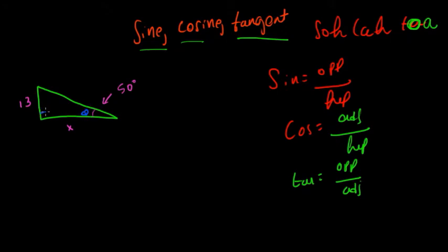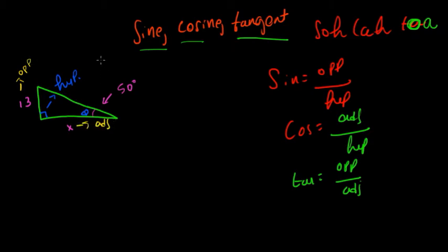Well, if this is a right triangle, I know this is my right angle here, and that must be my hypotenuse, right? Now, what side is opposite of this angle here? Well, this side here must be opposite, because this is adjacent to me. So that is opposite, and this here is adjacent.